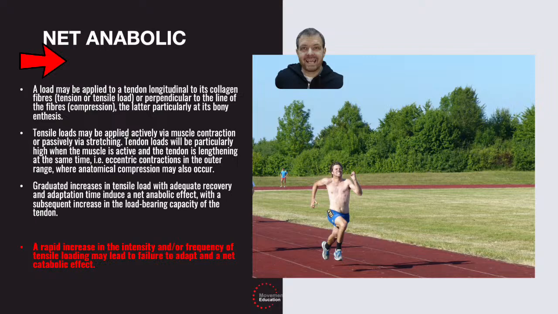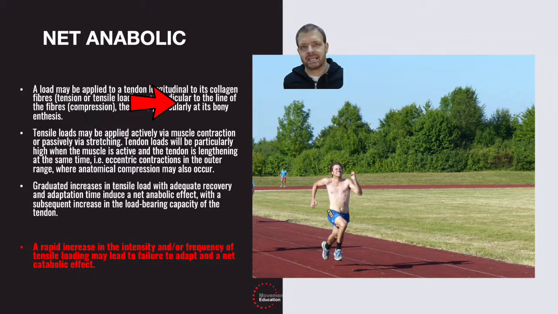If we've got a net anabolic effect, so we're having an increase in the building of the tendon: a load is applied to a tendon longitudinally, so along its collagen fibers, or perpendicular, so across the line of the fibre, so it's being compressed.